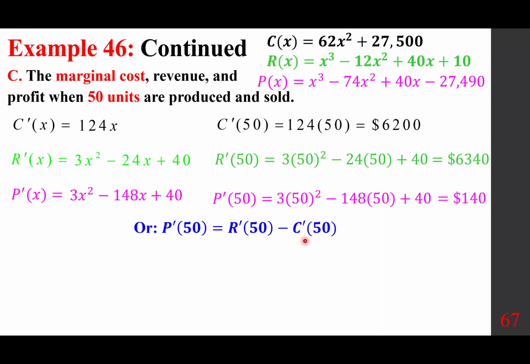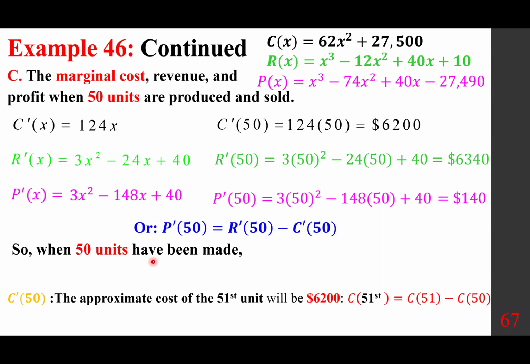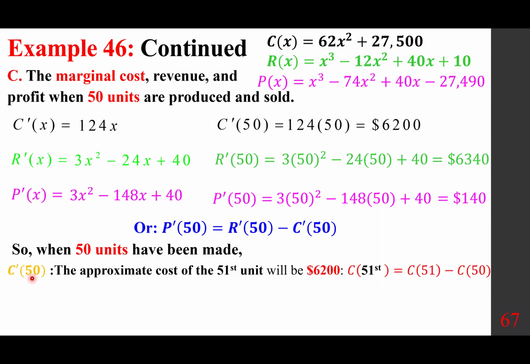Now, what does it mean? So when 50 units have been made, C prime of 50 is the approximate cost of the next unit, the 51st unit, which will be $6,200.